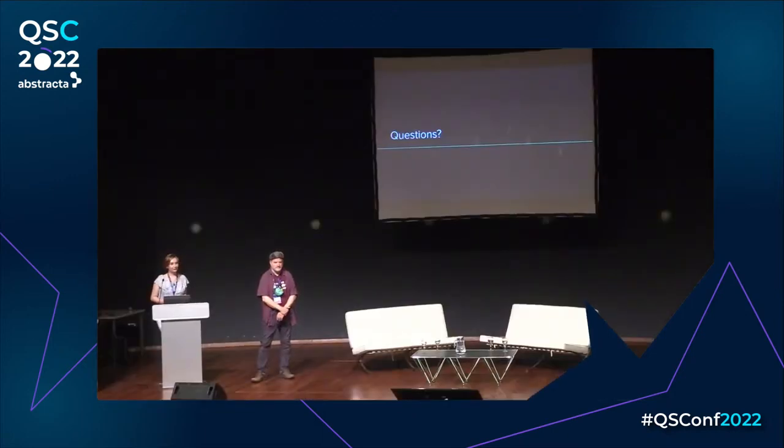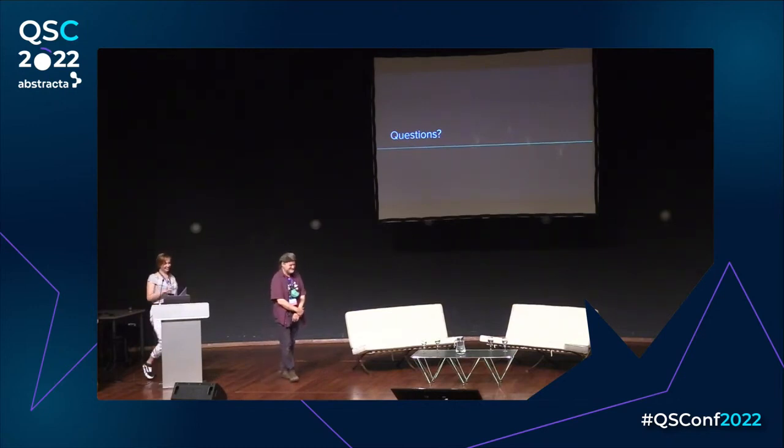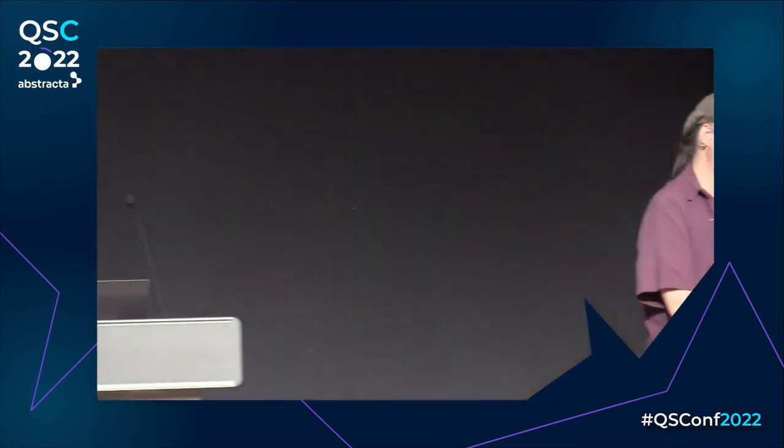Any other questions? I have a question. Do you have any recommendation on how to decide which metrics to store? Because you mentioned data lakes are expensive, so we have to be careful about the metrics that we decide to store. Any recommendation on how to choose them carefully?